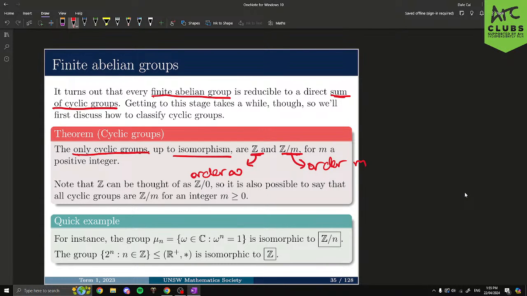Now you can think of Z as Z mod 0. So it's also valid to say that all cyclic groups are isomorphic to Z mod M, where M is not just a positive integer, but an integer greater than or equal to 0.